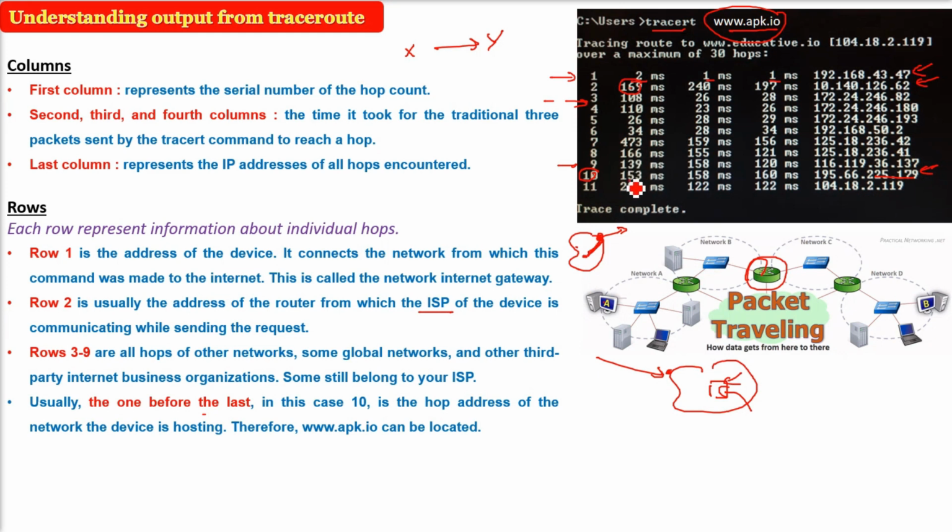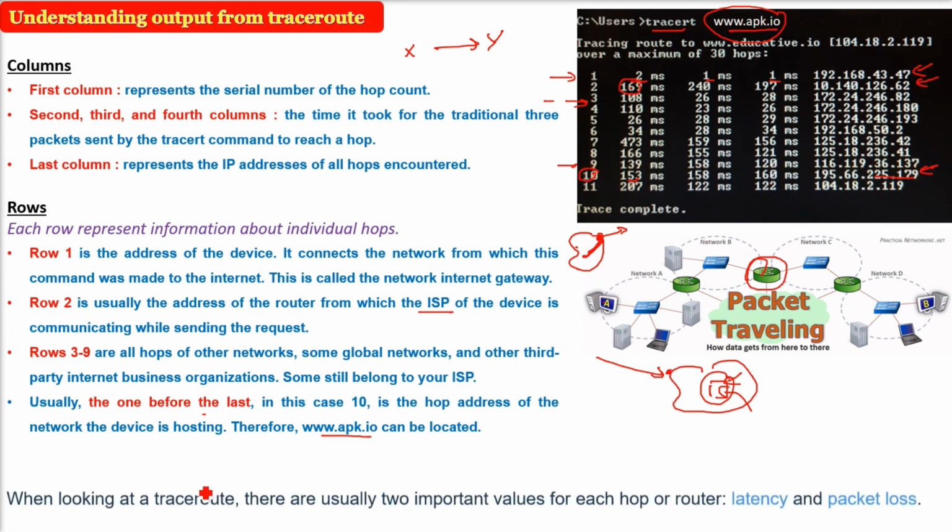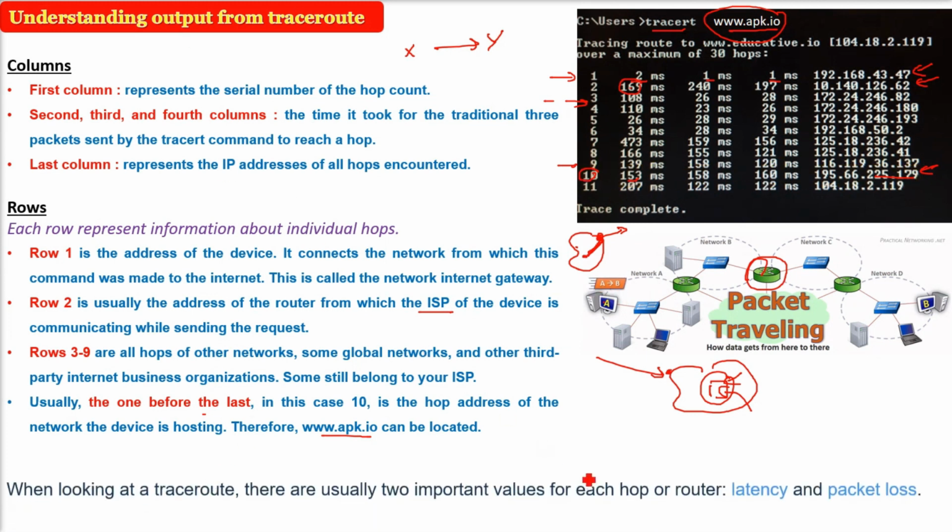Okay, and these are the three timings of the three ICMP packets sent and received to this www.apk.io. Please remember, whenever we do traceroute or tracert, the two important things at each hop or router are latency and packet loss. Okay, so ping gives you the problem and tracert tells you where exactly the problem is.